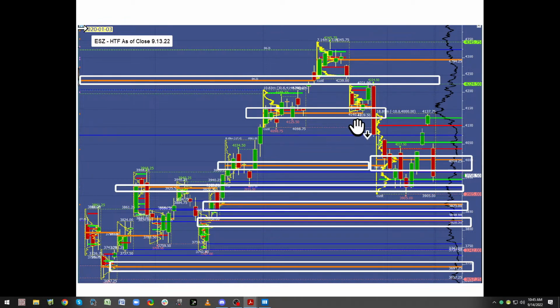Break out all that fuel. Pull back, can't get back. Where's the fuel? Under here and under here. See the acceleration. That's sellers and sell stops. Who are sellers? And then back here, right there. Notice the target, right to the tick. Again, that's a coincidence. And then down here.